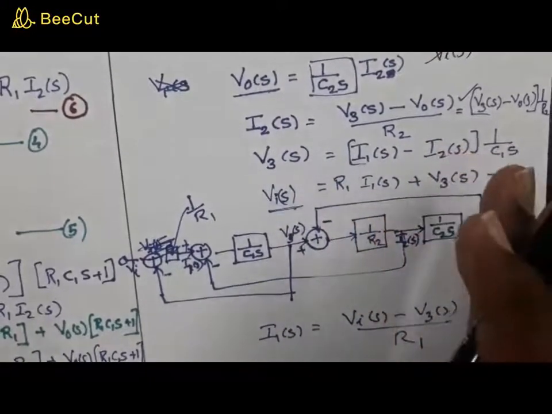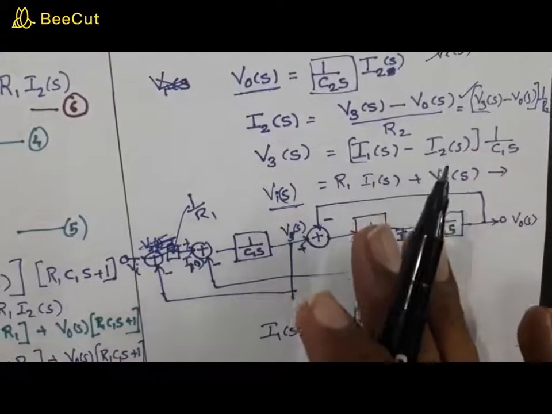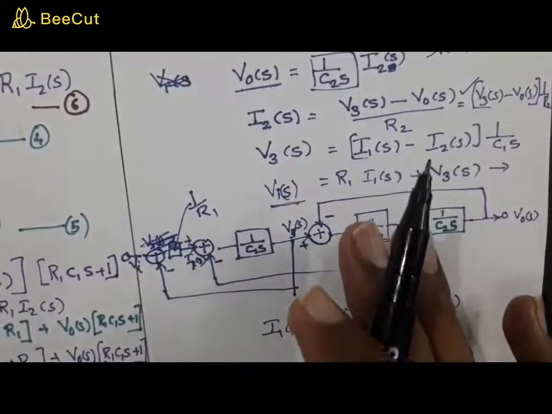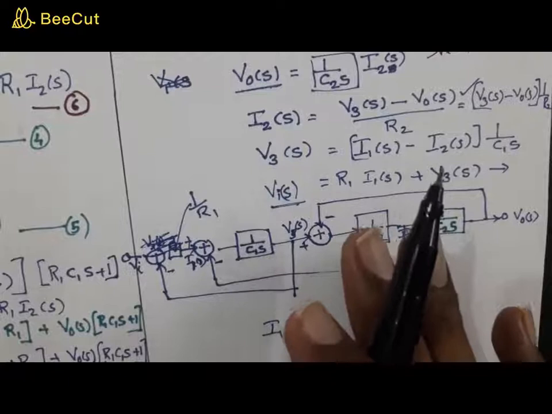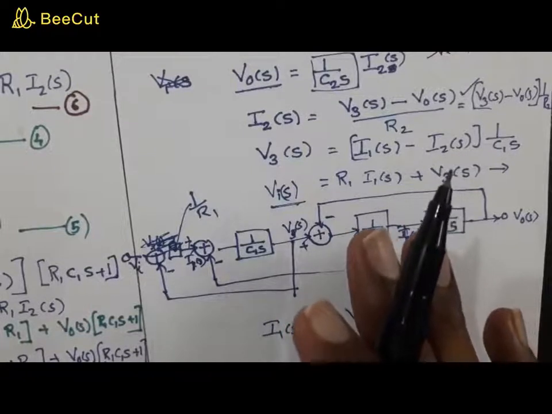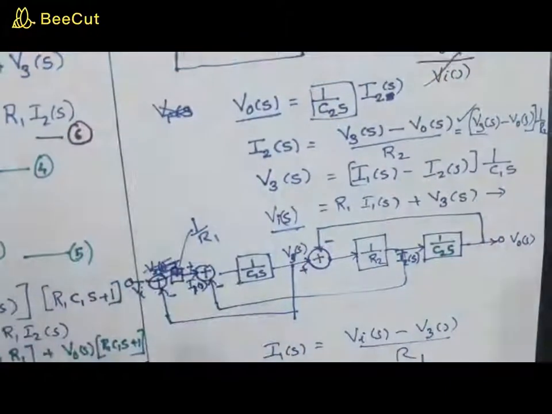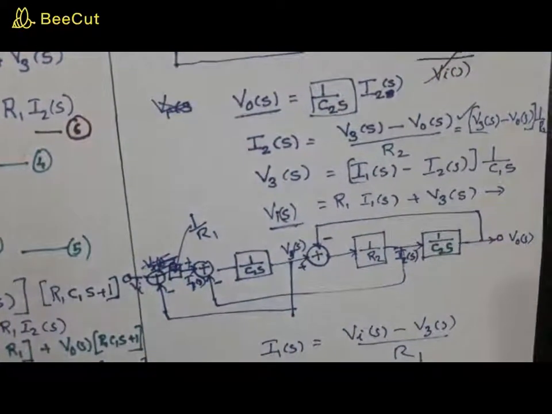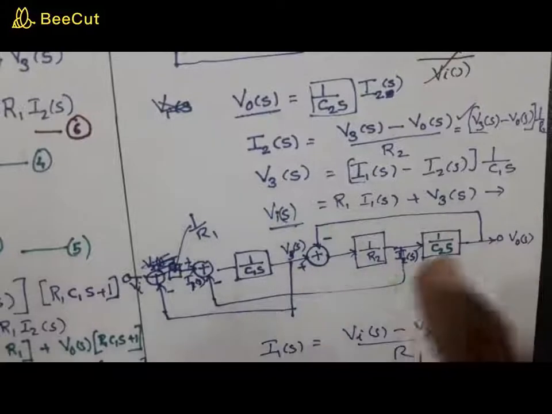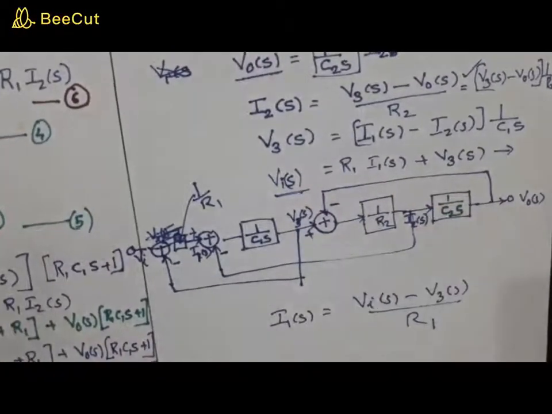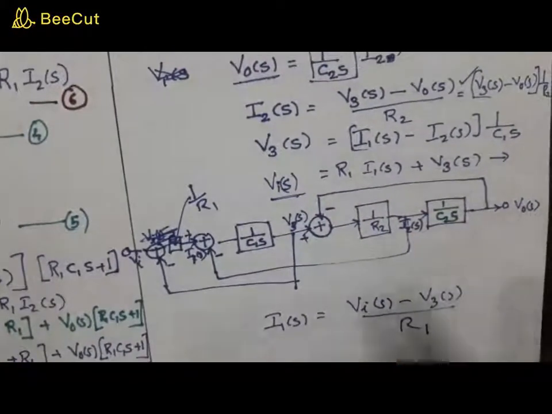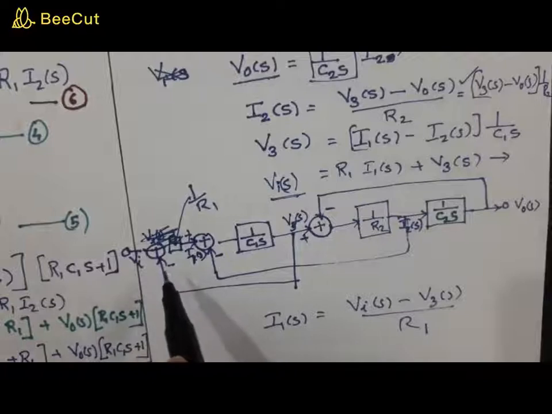Even if someone asks you to develop a block diagram, you cannot claim that it's not in the syllabus, but there is about a 95% chance of being asked for the transfer function of a circuit. We will be dealing with block diagram modeling. In block diagram modeling, you will not be asked to derive the block diagram, but a complex block diagram will be given, and you will be asked to find the ratio V0 of s by Vi of s.